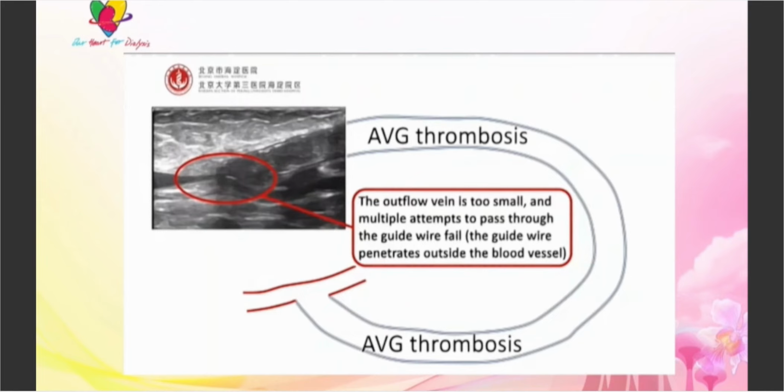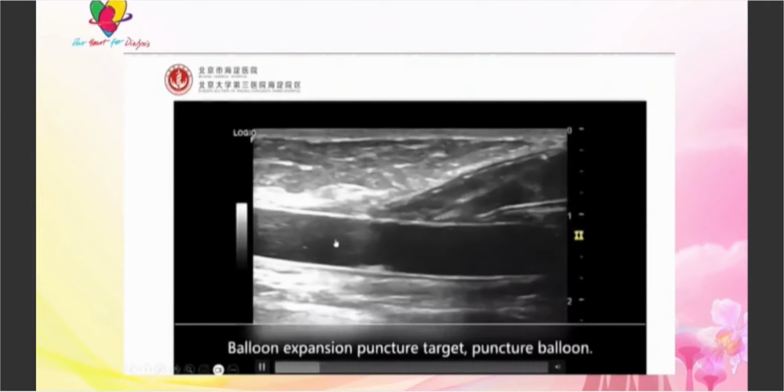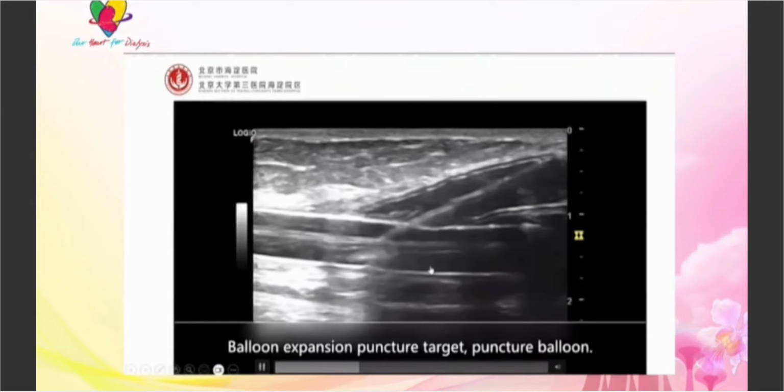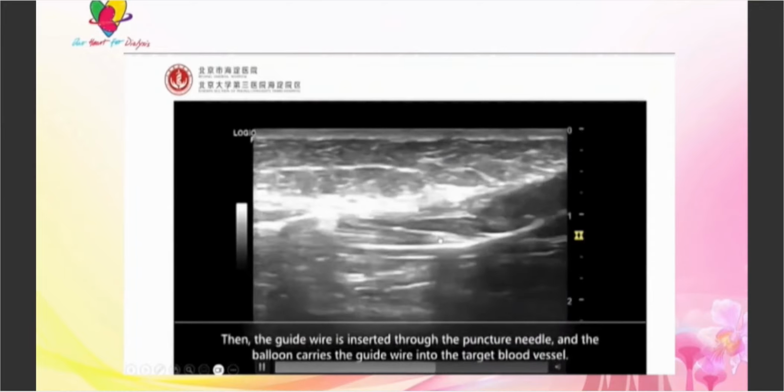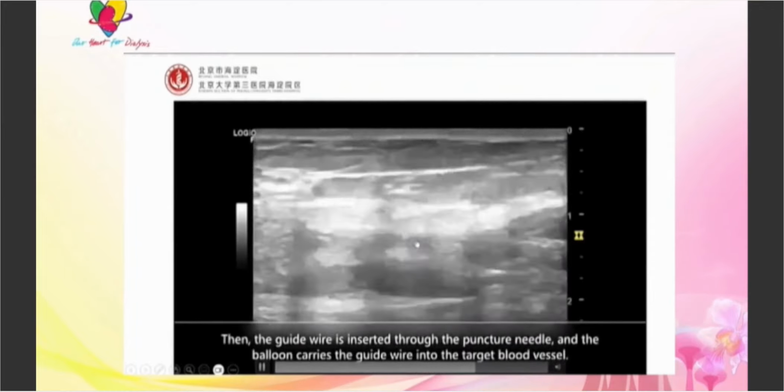At the same time, multiple previous attempts at guide wire crossing resulted in local blood extravasation and swelling. Therefore, we cannot accurately puncture the outflow vein. We use a balloon to expand the puncture target and puncture this balloon like this. Then the guide wire is inserted through the puncture needle.